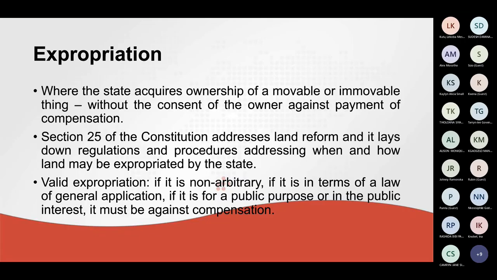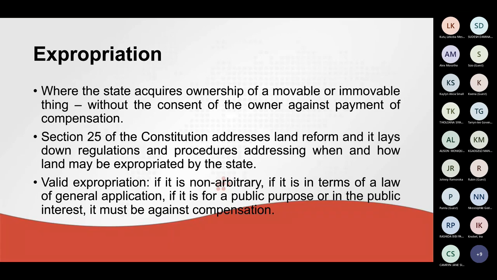So remember, expropriation is where the state acquires ownership of a movable thing without the consent of the owner, against payment of compensation. Now, Section 25 of the Constitution addresses land reform, and it specifies regulations and procedures addressing when and how land may be expropriated by the state.